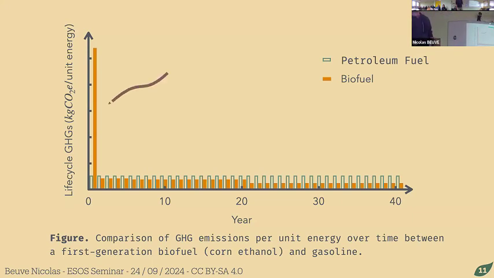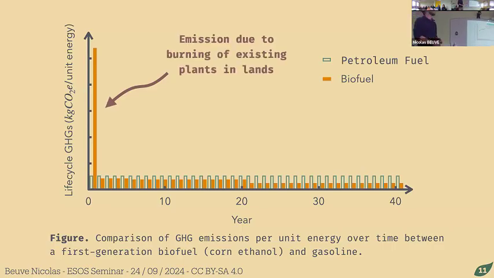The reason for this first peak is that we assume it is a first generation biofuel. So in order to be able to plant the plants you will use in your biofuel, you have to get rid of existing plants. Those plants captured CO2, and by burning them or letting them rot, you emit either CO2 or methane, and this is what's taken into account here.